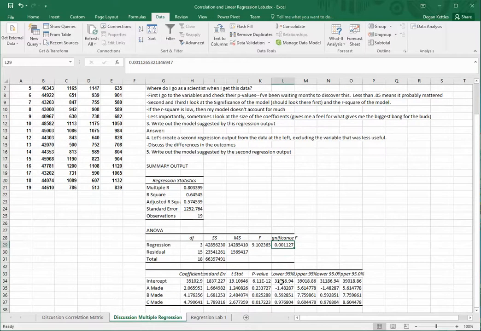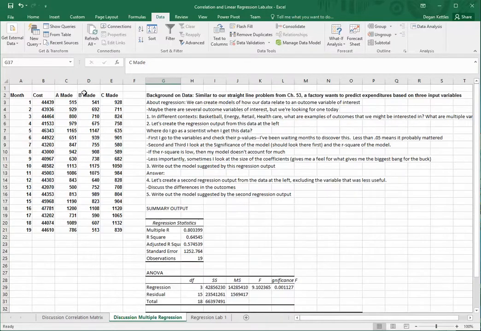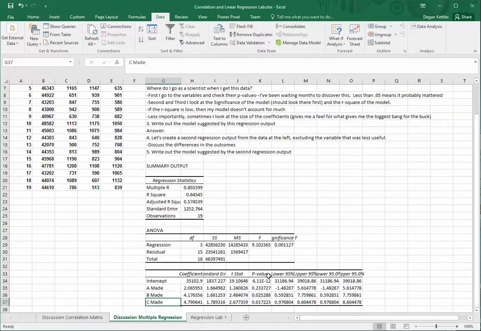As a scientist, usually the place I go to first, assuming that my model matters, is down here where I look for my variables. A, B, and C are my variables, because it's not always the case that each variable matters in predicting some outcome. And so over here I look at my p-values and I'm looking for anything less than 0.05. That's my rule of thumb for something that matters or doesn't matter.